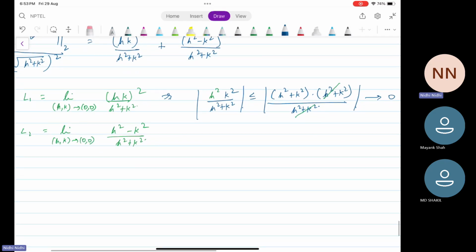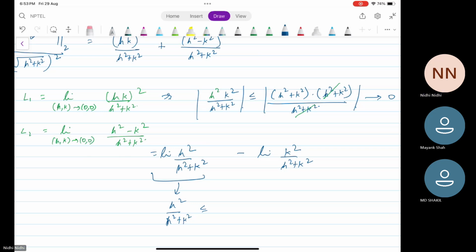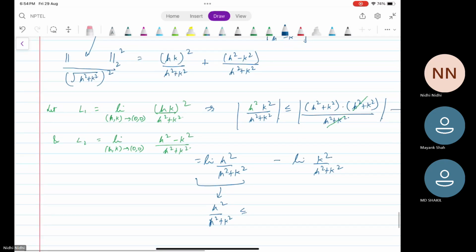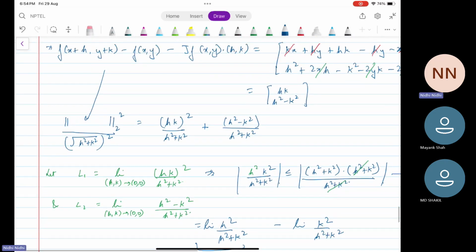And for L2, this is equal to h square upon h square plus k square minus k square upon h square plus k square, limit. So we can evaluate the limits separately. Oh, I need to take the square also.